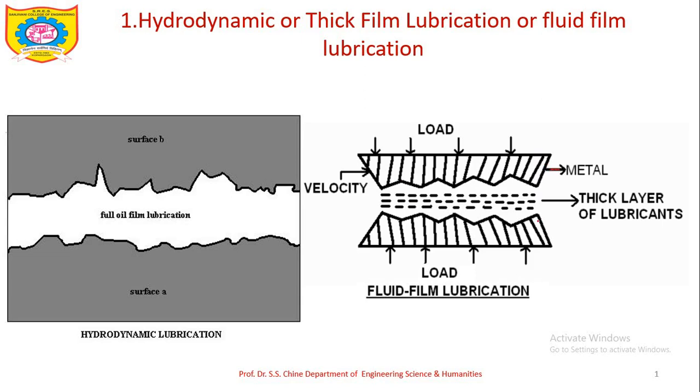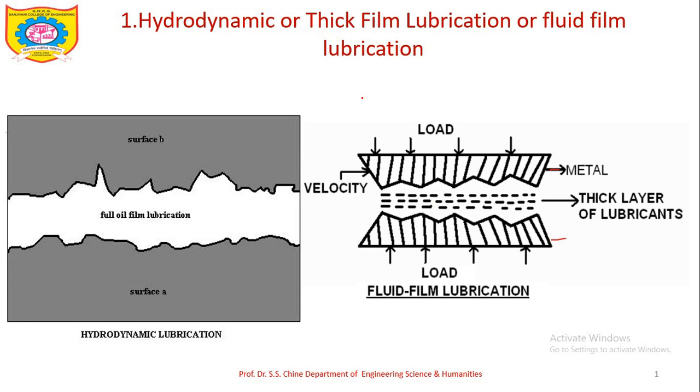This one is a metal surface, this is another metal surface, and the load is applied from both sides. In between these two surfaces, we have to apply this thick layer of lubricant that is known as hydrodynamic or thick film, or fluid film lubrication.